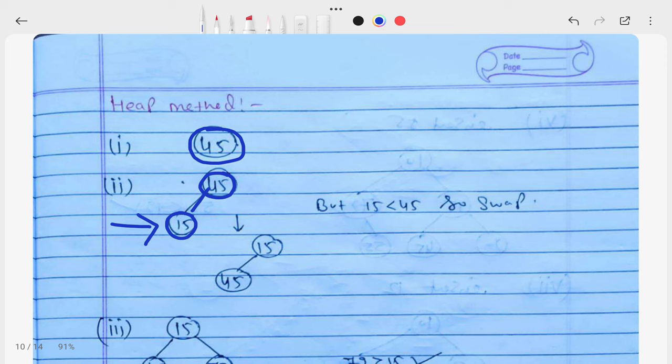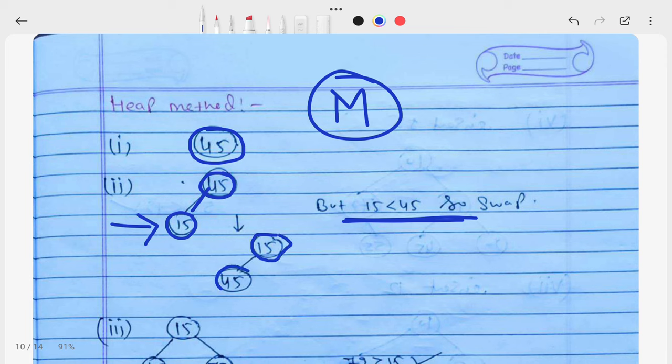Now 15 will ask 45 which one is smaller, because this is the minimum heap tree. If it is minimum, the father is smaller. Now 15 is smaller than 45, so 15 will come here and 45 will come here. This is the minimum heap tree.